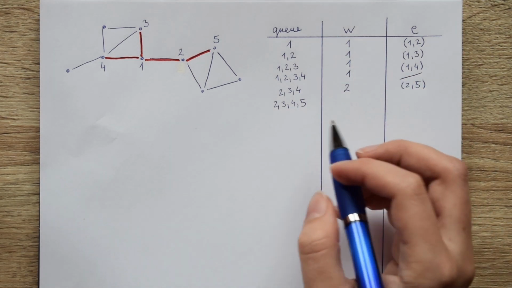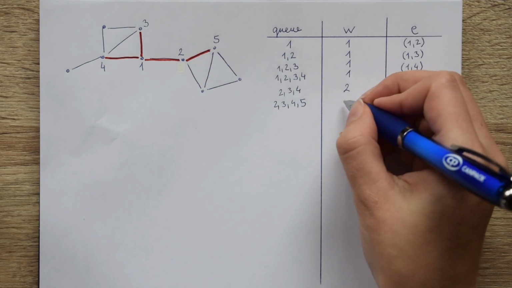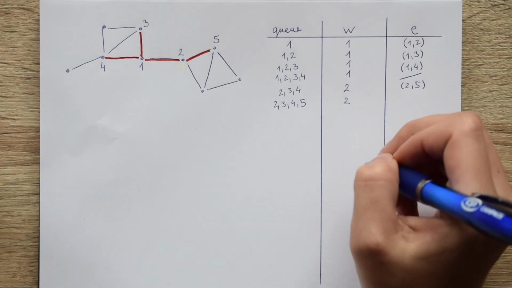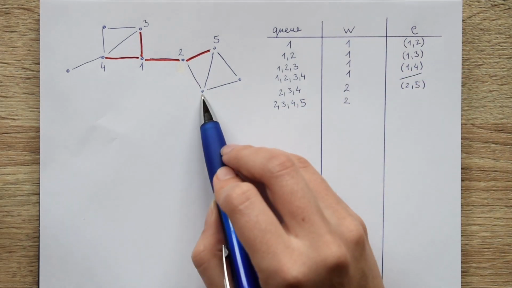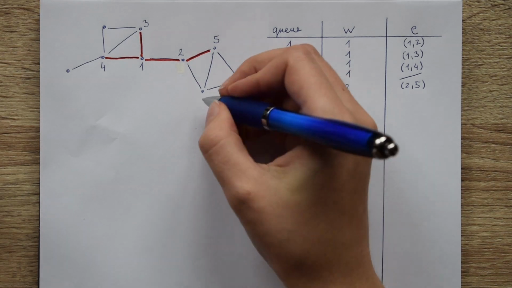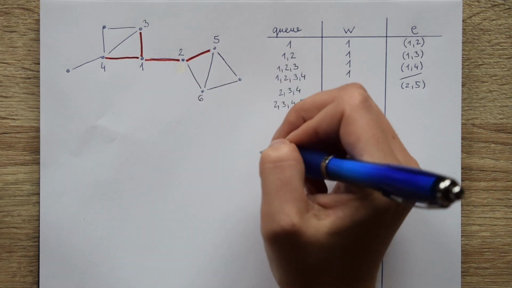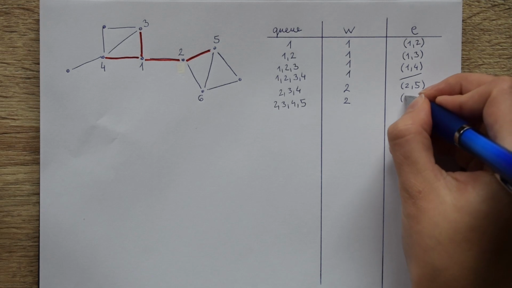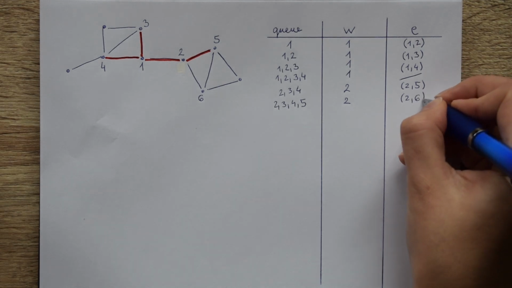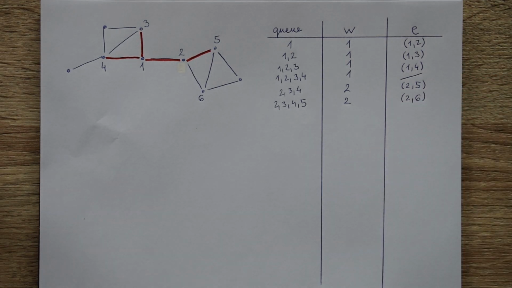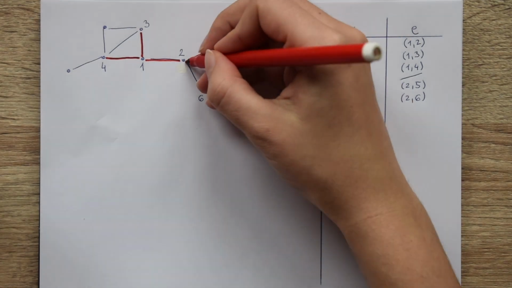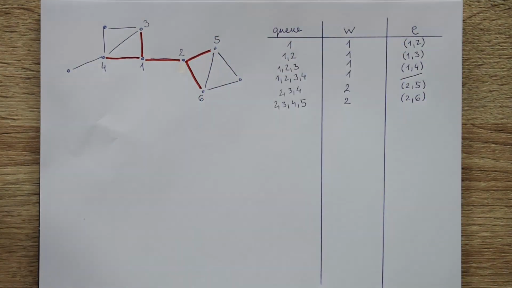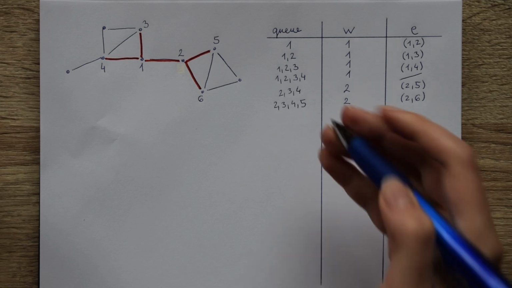The first one in queue is 2, so I'm discussing node 2. From node 2, I can get to this node. This node is node 6. I add edge 2, 6 to the column E and mark this edge also in graph. I add node 6 to queue.